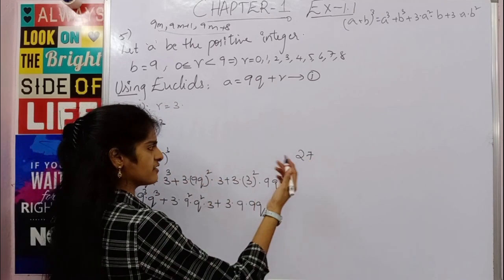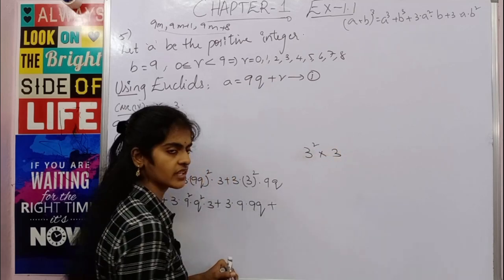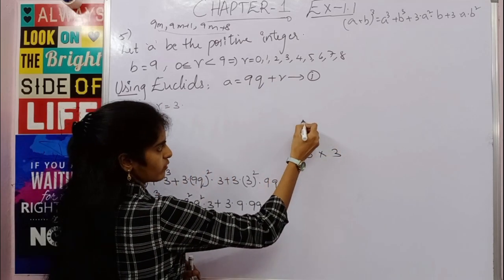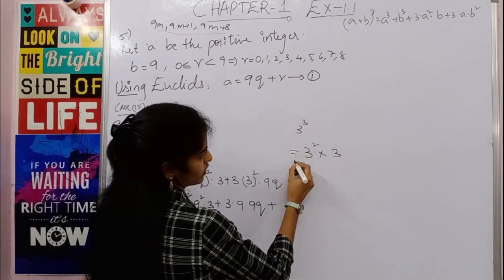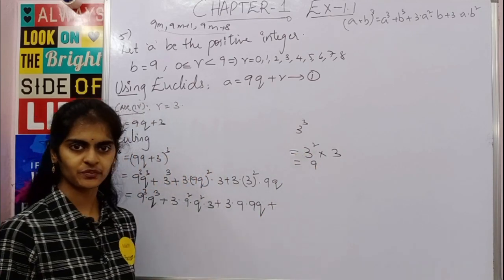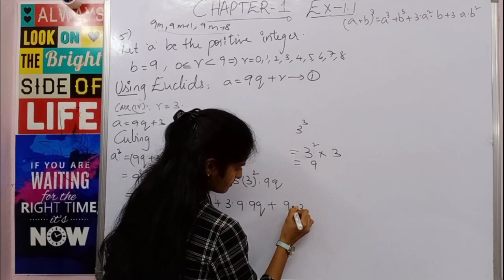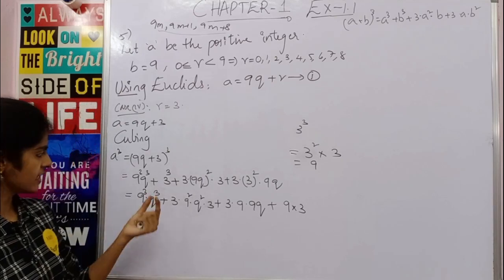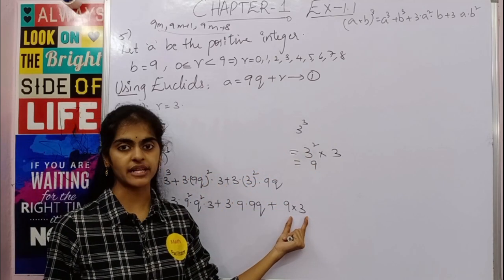So instead of writing 3 cube, can I write it as 3 square into 3? 3 square is nothing but 9. So I can write this as 9 into 3. The same 27 you can write as 9 multiplied by 3.